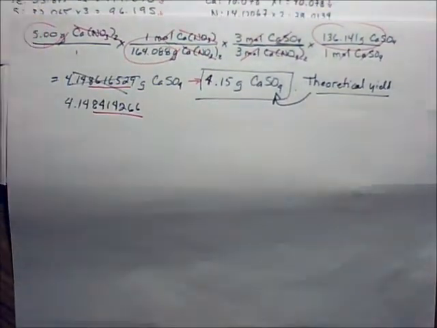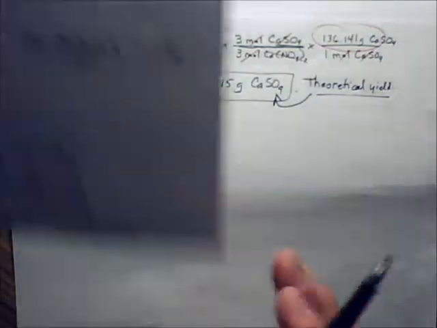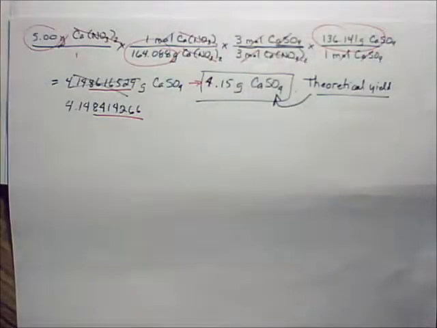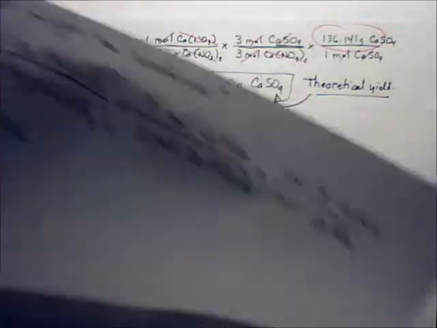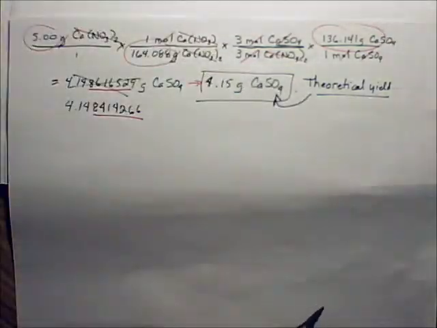All right. Now, remember I started out with one part of the problem here. Then we added another question to it, and we asked what mass of solid product could be produced. Now I want to ask another question.